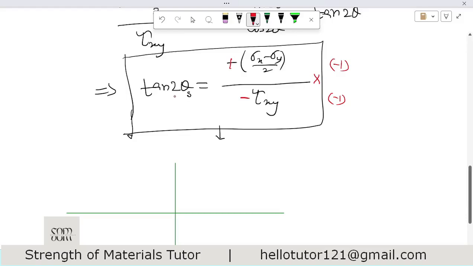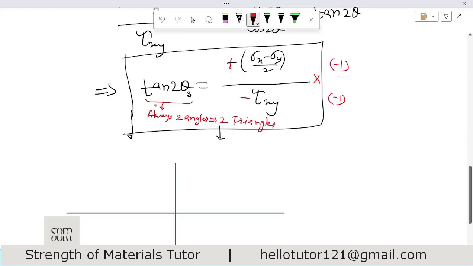Because we know when we have a function of tangent, the tan function always gives us two angles, okay? So it means we need two triangles, two right angle triangles.